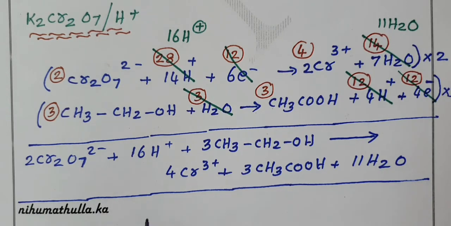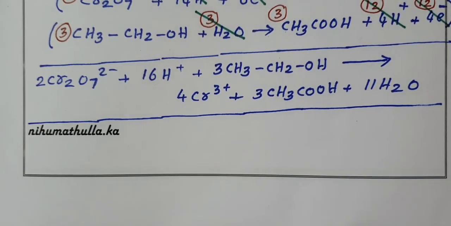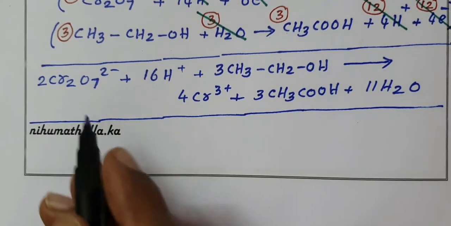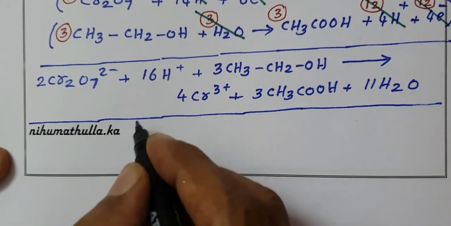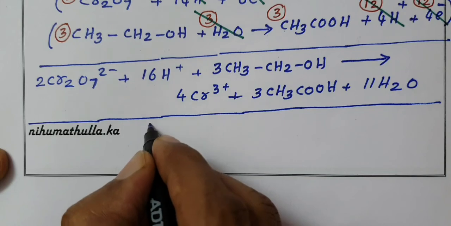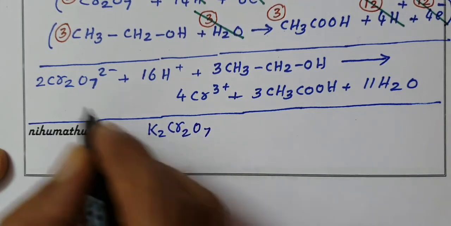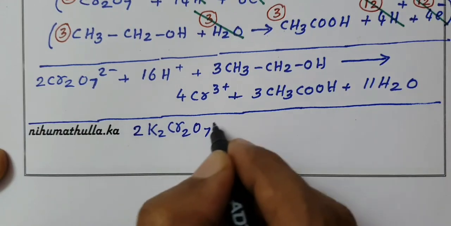By taking this as the basic equation, now I am going to write the molecular equation of this oxidation reaction. How to write? Now the dichromate ion Cr2O7 is converted into potassium dichromate, K2Cr2O7, 2 molecules, plus.